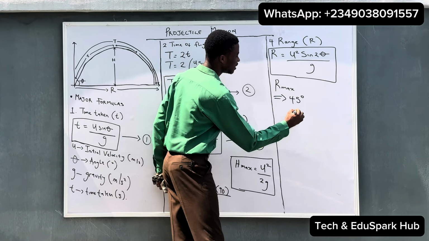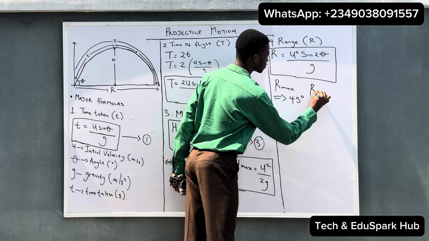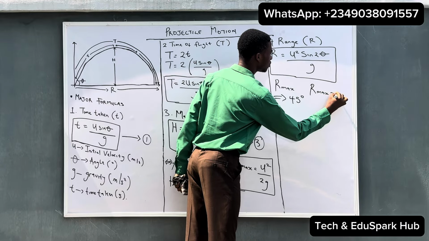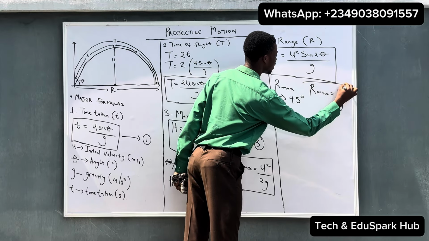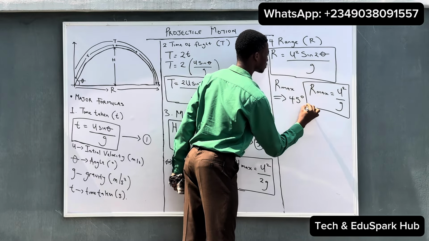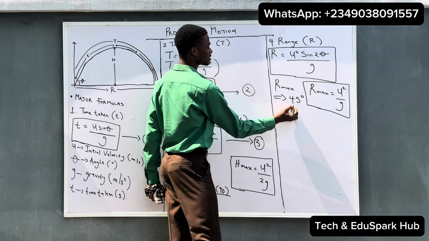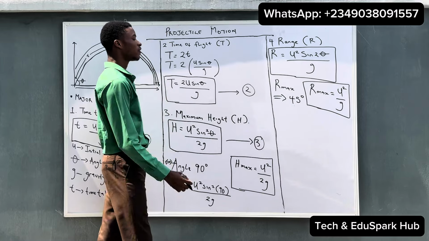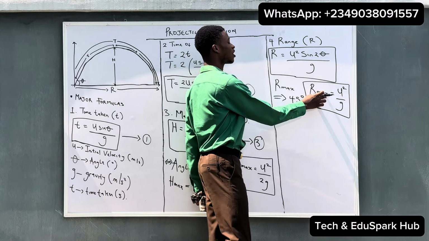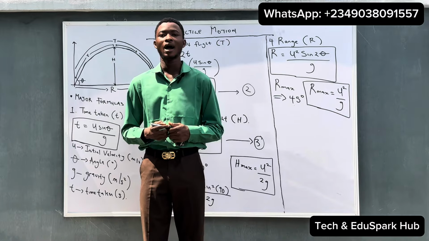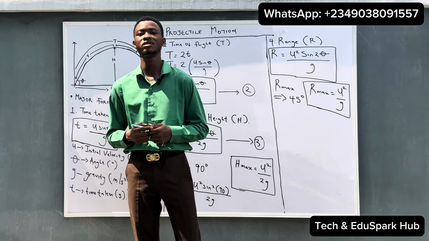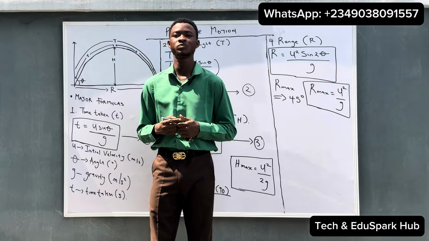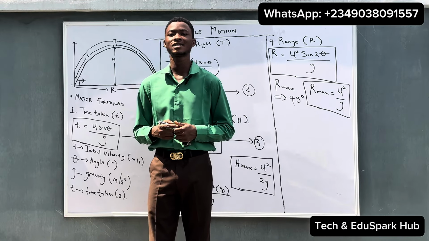So from what we did earlier, R max is equal to u square over g. This is another formula for R max, and the body must be projected at 45 degrees. So if we are not given the angle, we can use this R max to get the horizontal range. Another thing about the range is that sometimes they might ask us to calculate the range of a body projected from a certain vertical height.